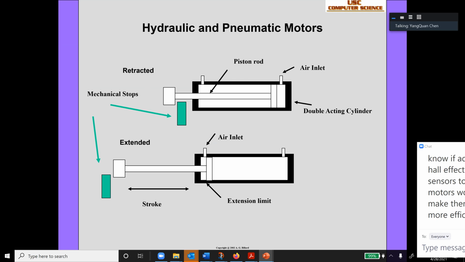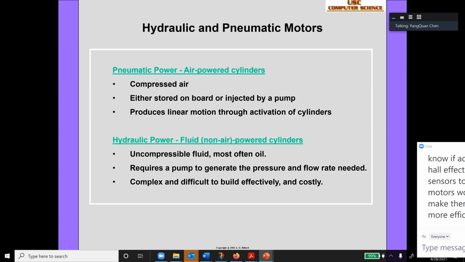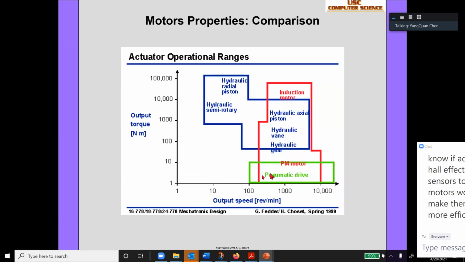The key word for using the hydraulic or pneumatic method is power density. Power density means you have speed and you have torque. Motors can only run at high speed, but the torque is relatively low.